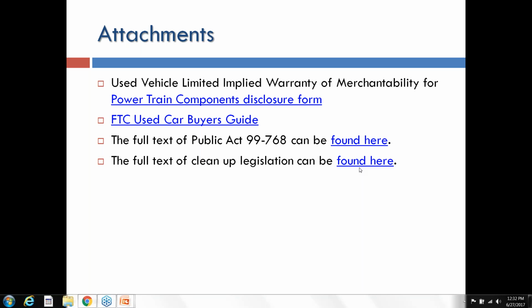Let's see. What is the reasonable amount of time the dealership has to fix the defect? Yeah, that's like the old question, why is there air? So, I would say whatever your standard time to repair a vehicle is.